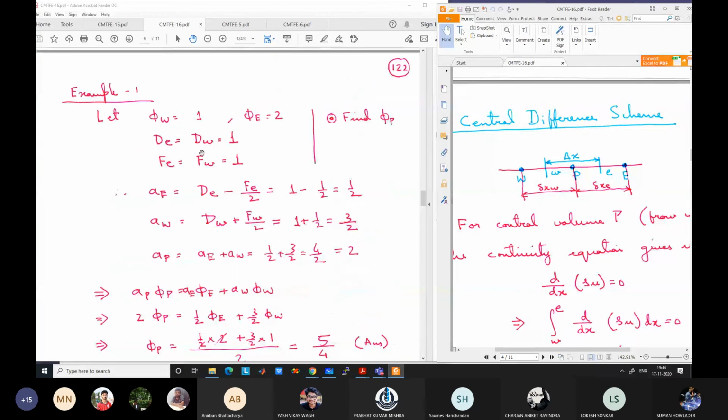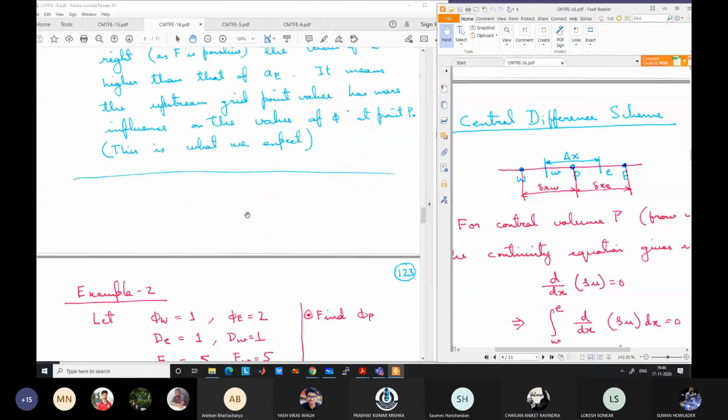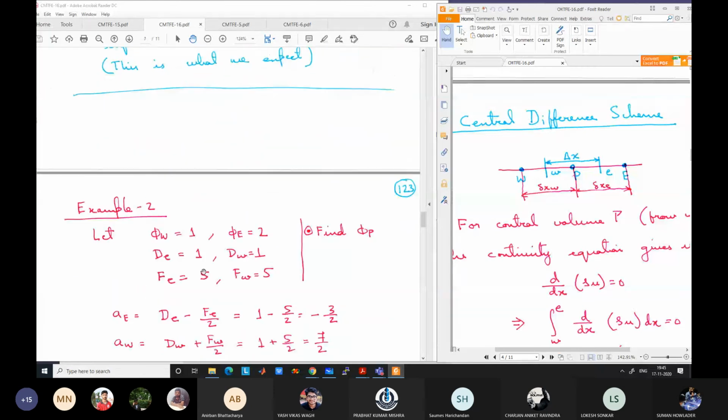But the advective strength is now very large, means the flow has more effect as compared to diffusion. Okay, flow has more effect as compared to diffusion. Fe is equal to 5 and Fw is equal to 5. Again, I cannot arbitrarily take Fe equal to 5 and Fw as 1, okay, because the continuity equation dictates that Fe should be equal to Fw. So that I still have to remember as a problem designer.